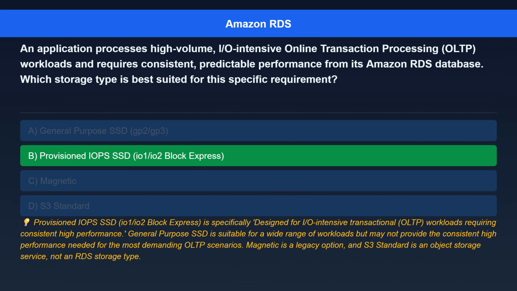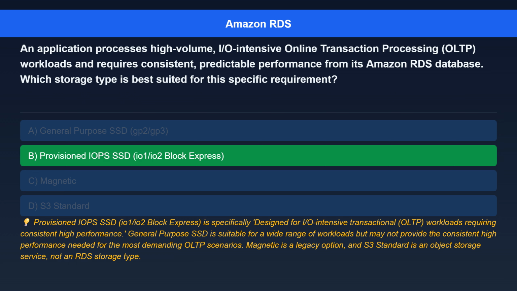The correct answer is provisioned IOPS SSD IO1 IO2 Block Express. Here's the explanation. Provisioned IOPS SSD IO1 IO2 Block Express is specifically designed for I/O-intensive transactional (OLTP) workloads requiring consistent high performance.